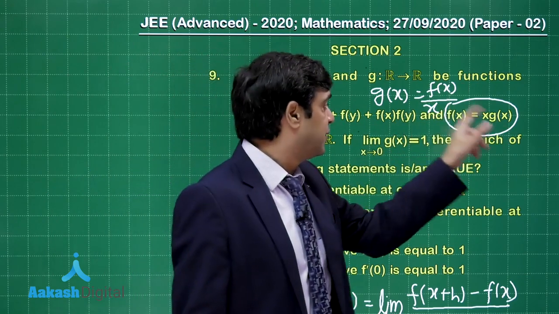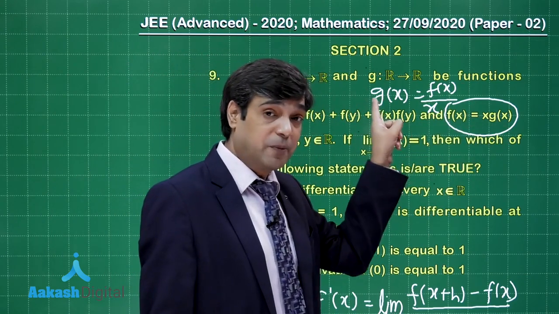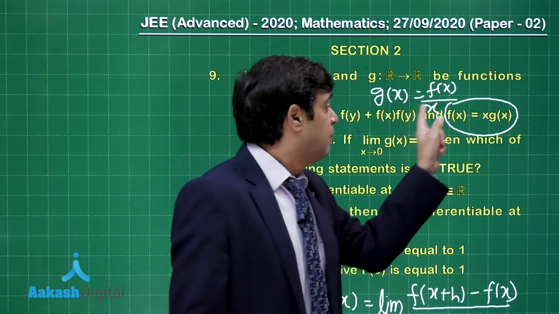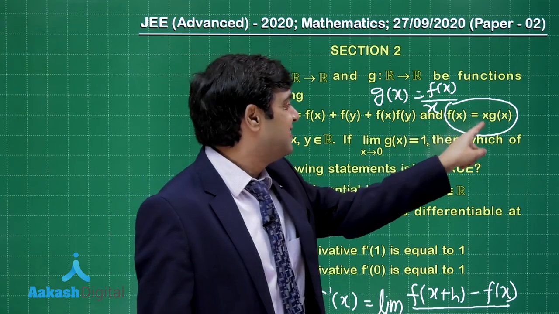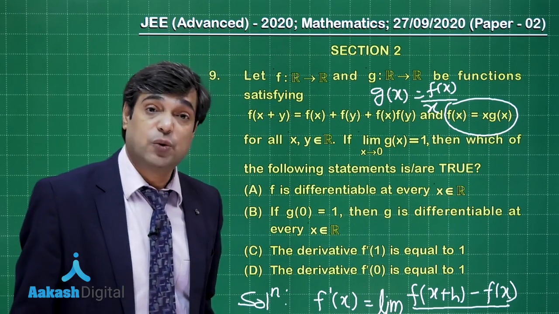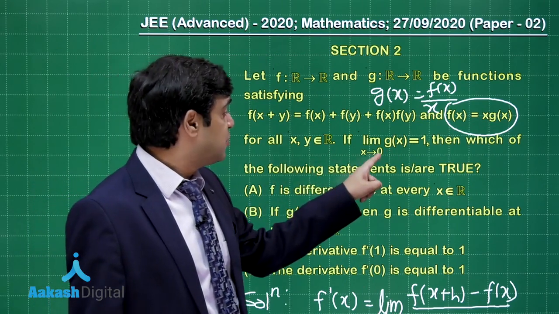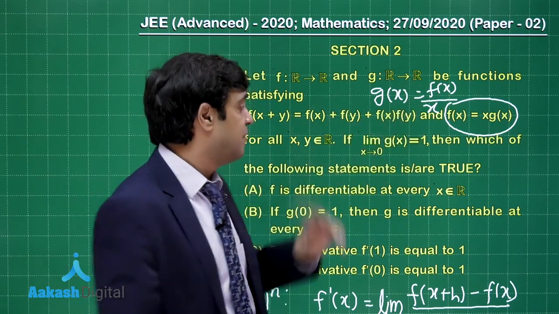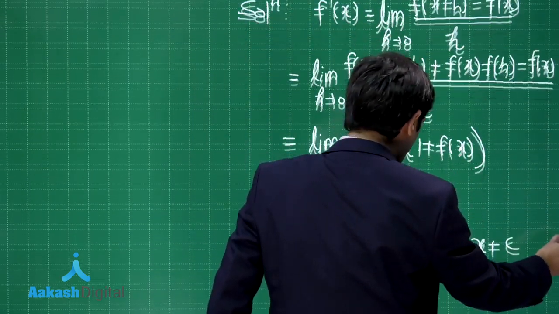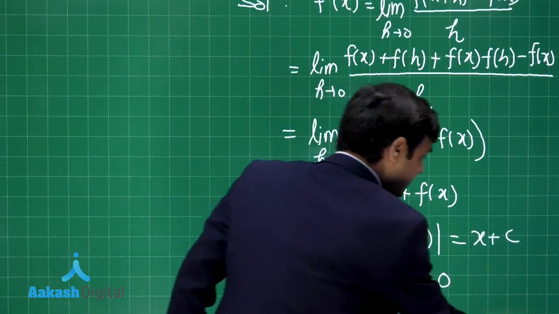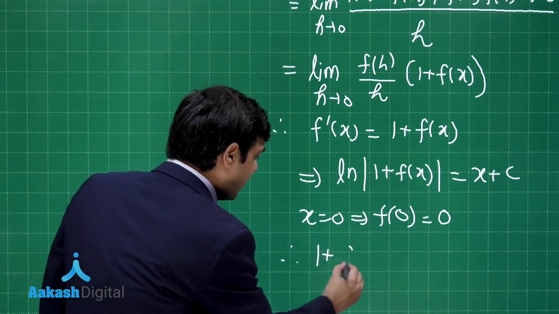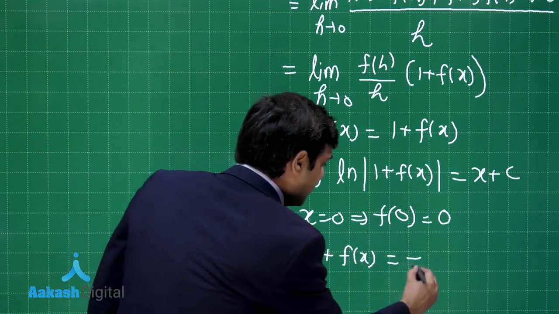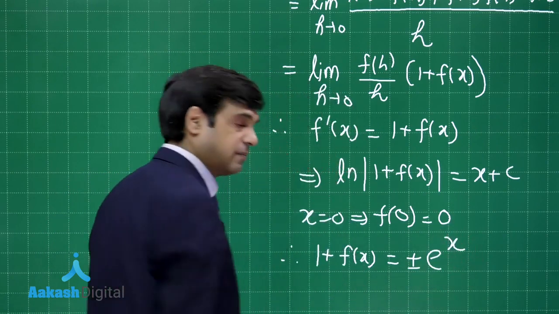Or from this equation, not this obtained one, which was obtained with the constraint that x is non-zero. When you look at this option, you are getting f0 is 0 into g0. You have limit x approaching to 0, gx is 1, so yes, f0 is 0. So let's write down, this is 0. Therefore, 1 plus fx is plus minus e to the power x.